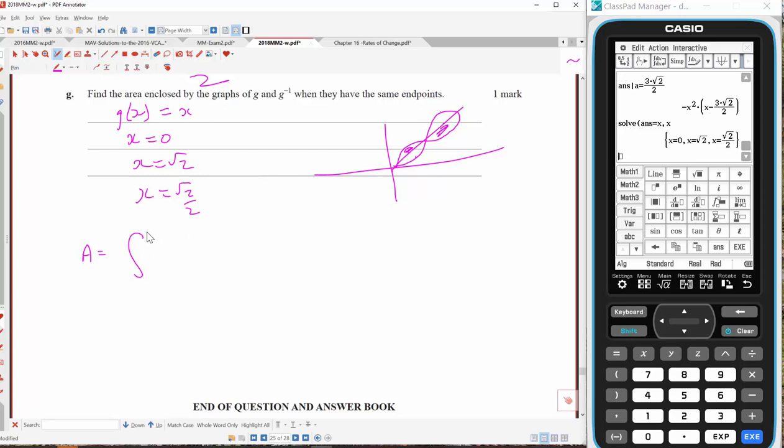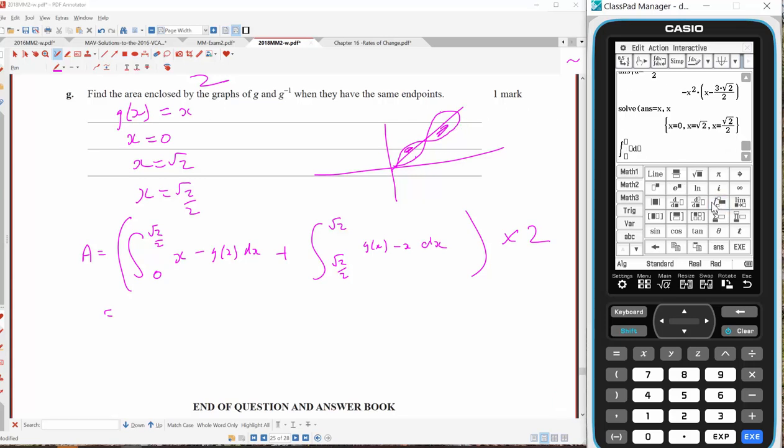From root 2 on 2 to 0, top function is x take away g of x dx, plus top function is root 2, top function is g of x take away x dx. And then all of that multiplied by 2 to include the parts for the inverse.